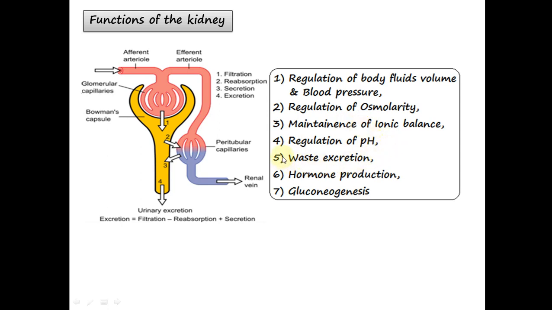Many substances that are not needed, which we either ingest or which are products of metabolism in the body, are excreted by the kidneys in the urine. Moreover, the kidney also produces some hormones like erythropoietin, renin, and active vitamin D3, and the kidney is also involved in gluconeogenesis, which is the formation of glucose from amino acids and non-carbohydrate substances.